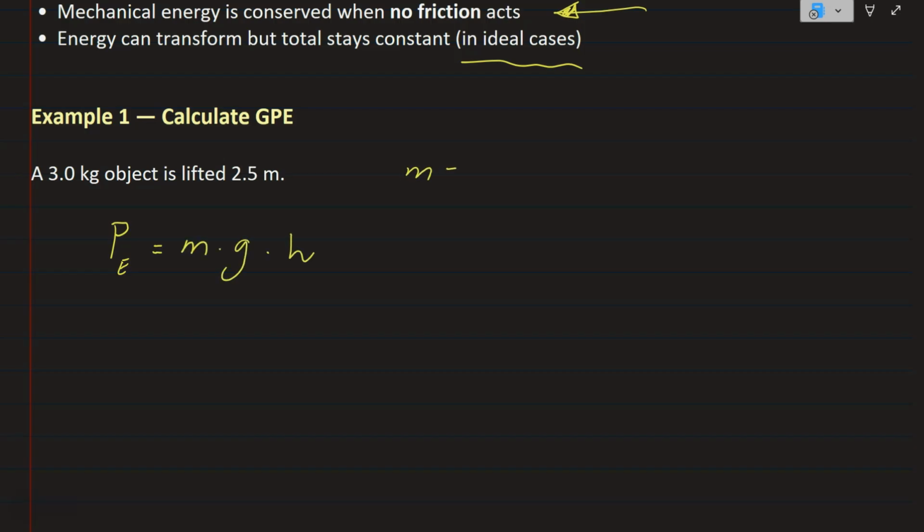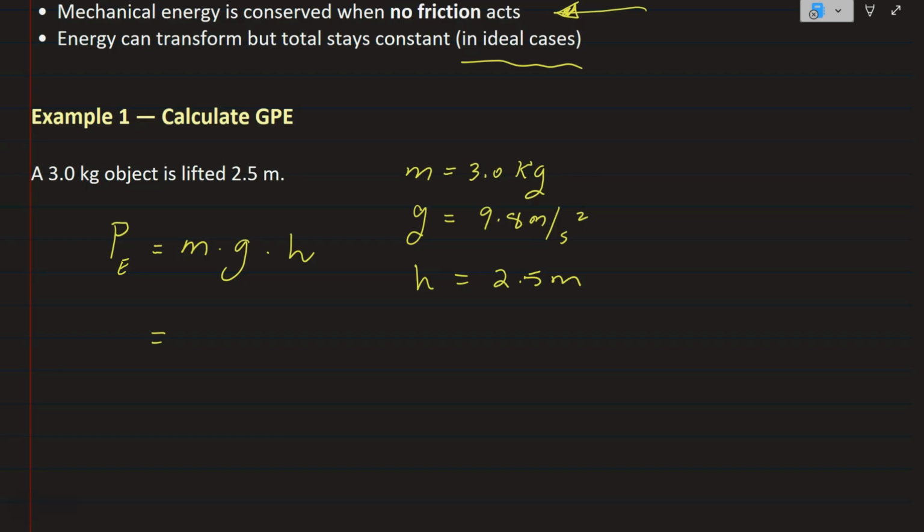We have m equal to 3.0 kg, and g is 9.8 meters per second squared. We need to define that. When it's coming down is positive, when it's going up is negative, and we have the height, which is 2.5 meters. All right, plug numbers in.